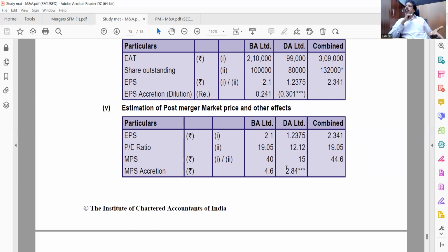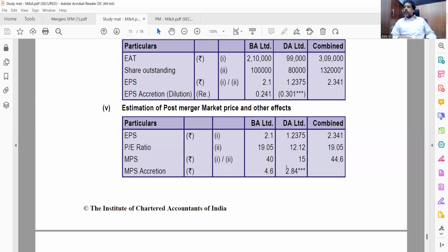The 40 and 15, you can straight away copy from the question. You know how to do 2 rupees and 10 paise into 19.05, right? And for D also you can copy the number 15 rupees as it is. Whereas for the combined firm, you can take 2.341 into 19.05. And that is supposed to be the market price. Next.